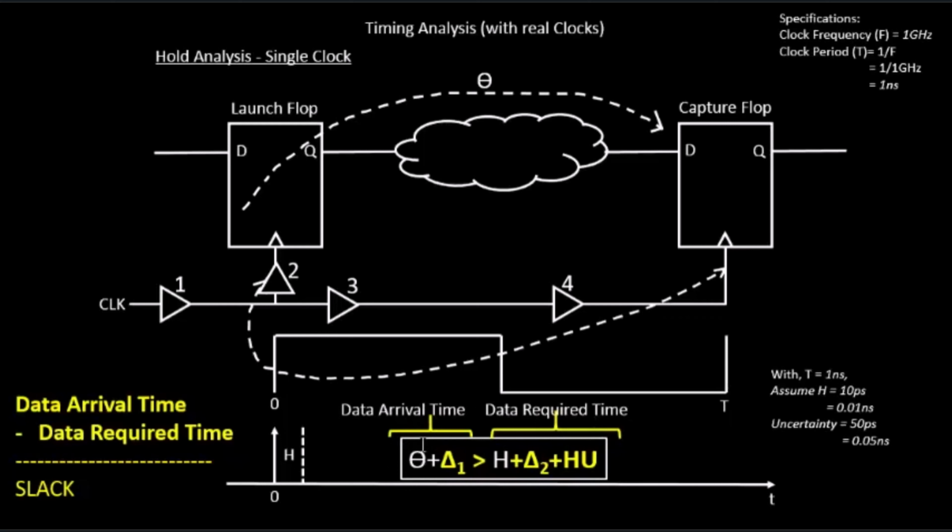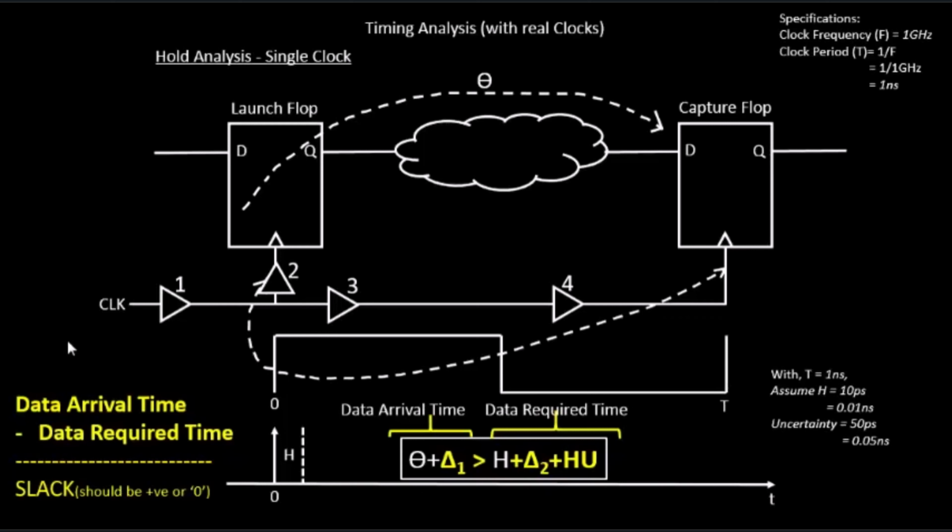Remember, it was that the combinational delay theta should be less than T. That was the requirement in the case of setup timing analysis. But in this case the requirement becomes a bit different. The arrival time is expected to be greater than the data required time, and the difference is referred to as slack. And the slack is expected to be either positive or 0.